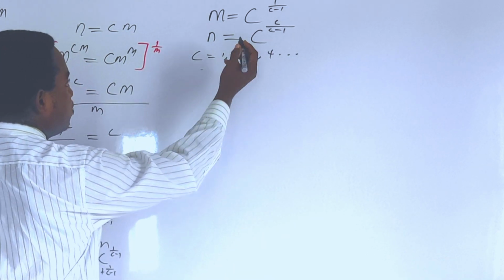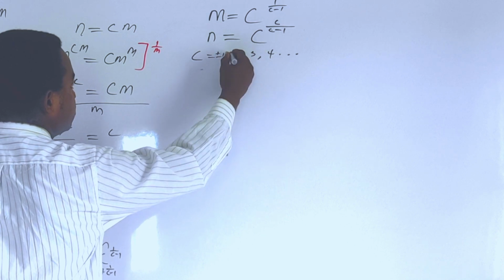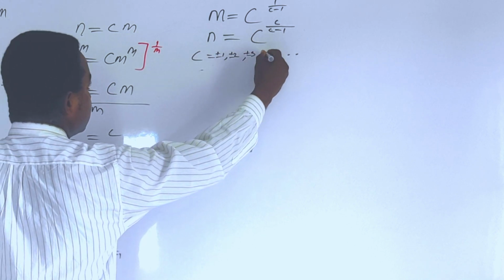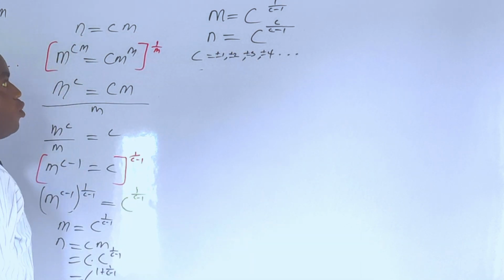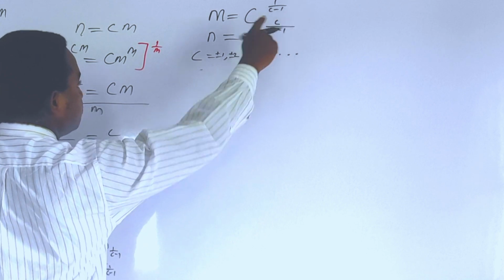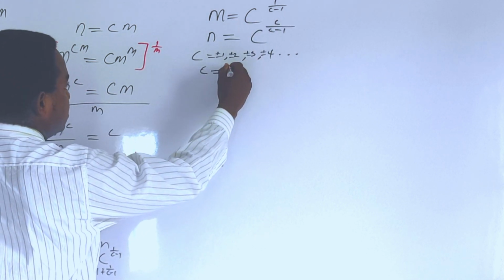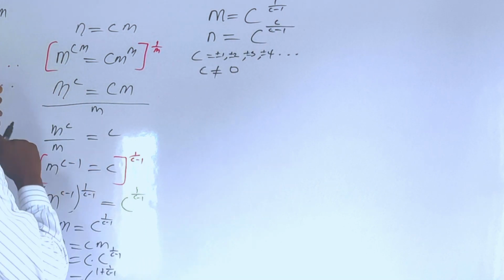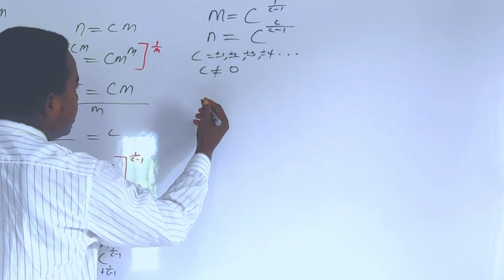So we can try for when c is plus or minus 1, plus or minus 2, plus or minus 3, and so on and so forth. We won't bother trying 0, okay? Well, some or a lot of these might not apply. So even the negative, some of them might not apply.